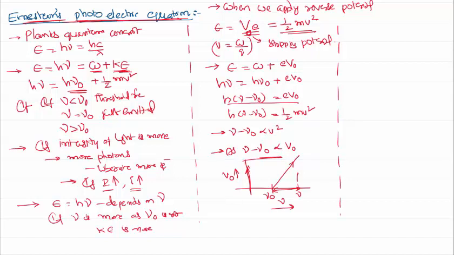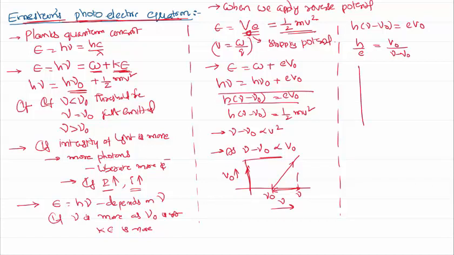Further, if you take this equation into consideration, h of nu minus nu naught is eV naught. So h by e is V naught by nu minus nu naught.